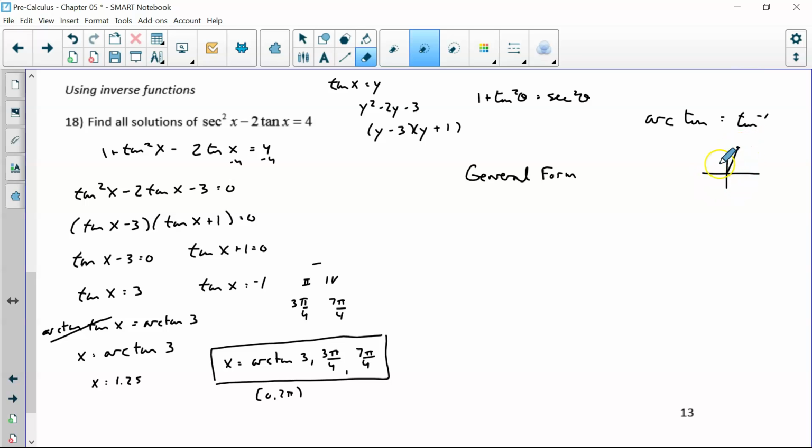Now, to get back to it, we're just adding another. Sorry, that tangent's positive. So we're also going to go down here, from quadrant 3. So for the arctangent of 3, x equals the arctangent of 3 plus n pi.